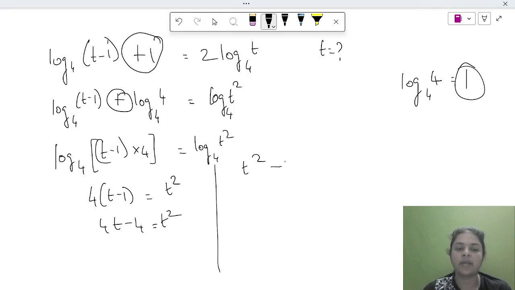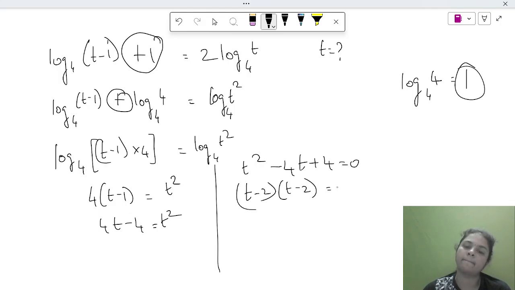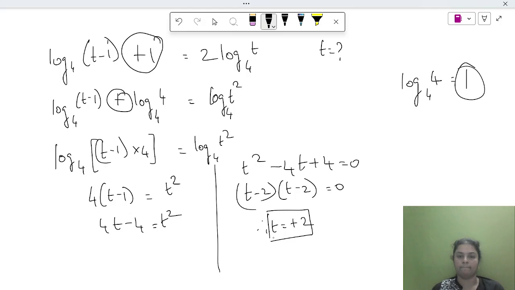So t square minus 4t plus 4 equals 0. Find the value of t. Minus 2. So the value of t is equal to 2.